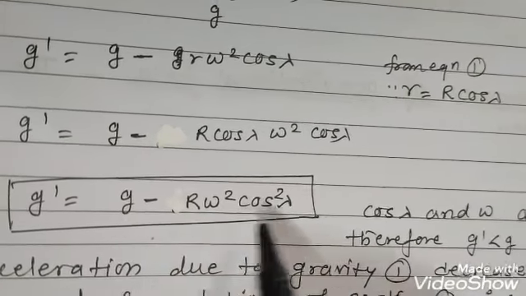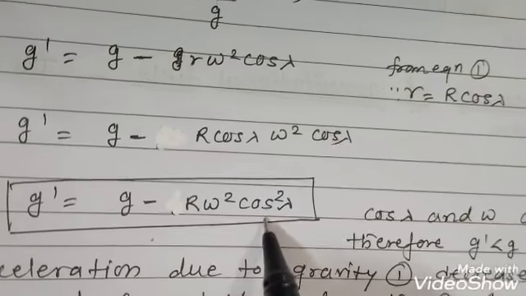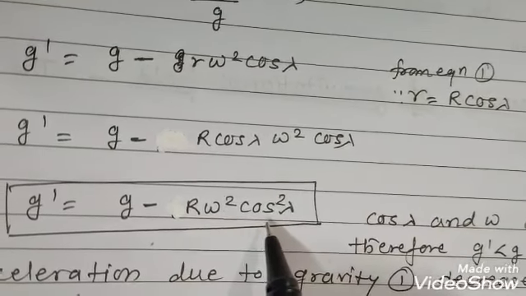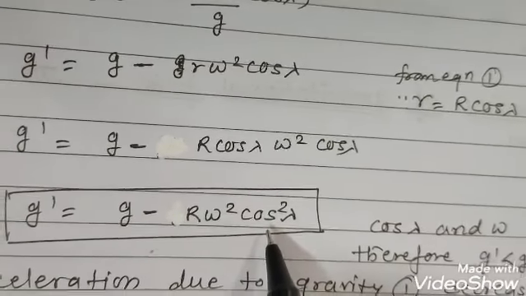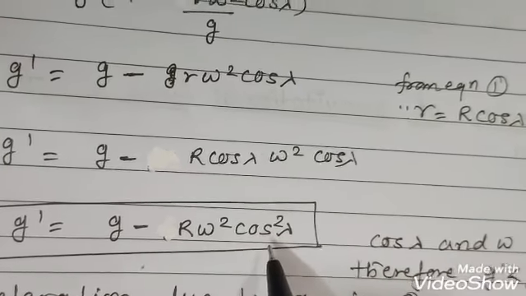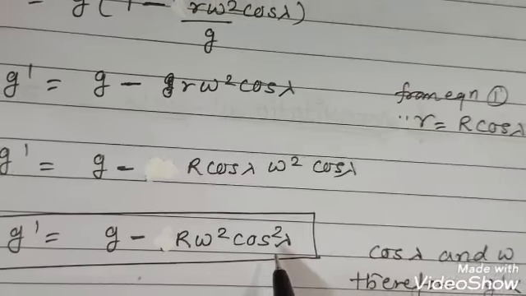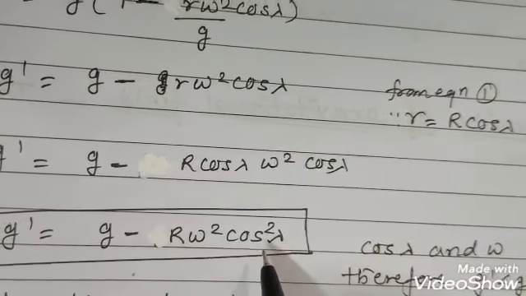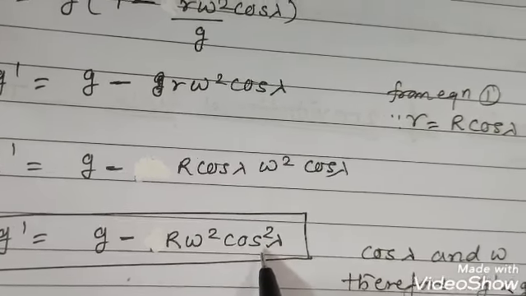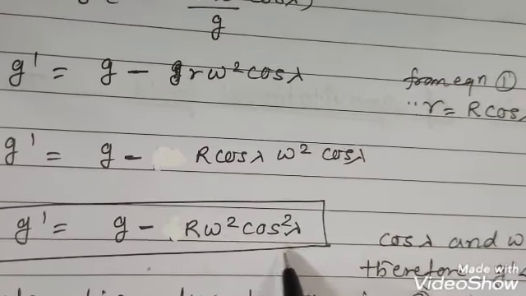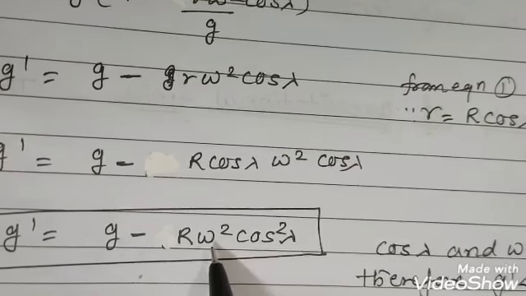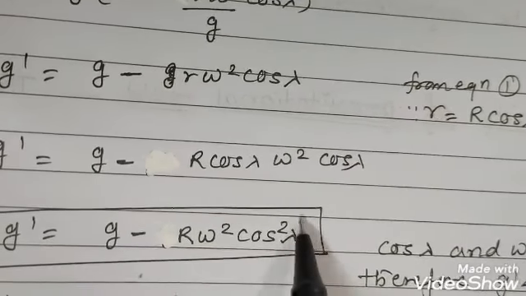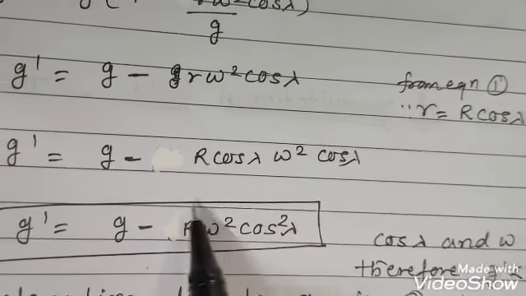So cos lambda is a positive value because lambda varies from 0 to 90 degrees here, that is from the equator to the pole, so it will be positive always. And omega, because it is in anti-clockwise direction, is also positive, so you will find that this second term is positive.